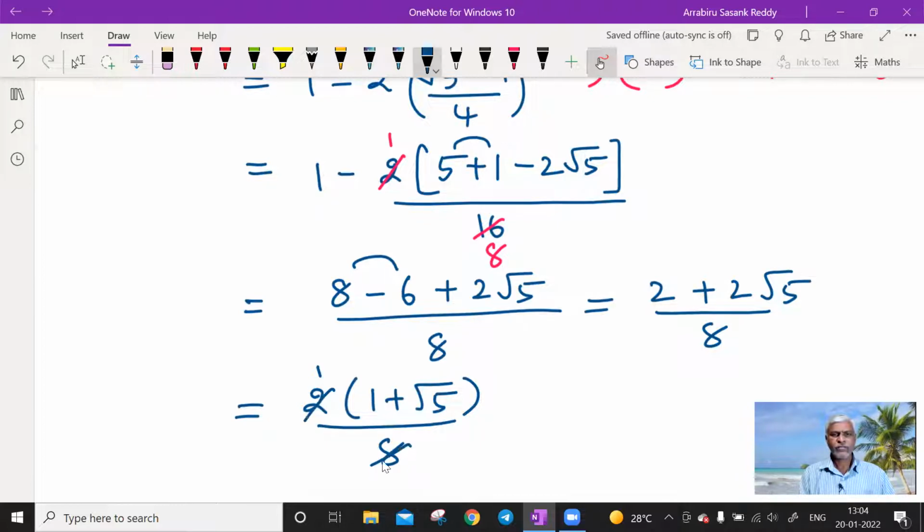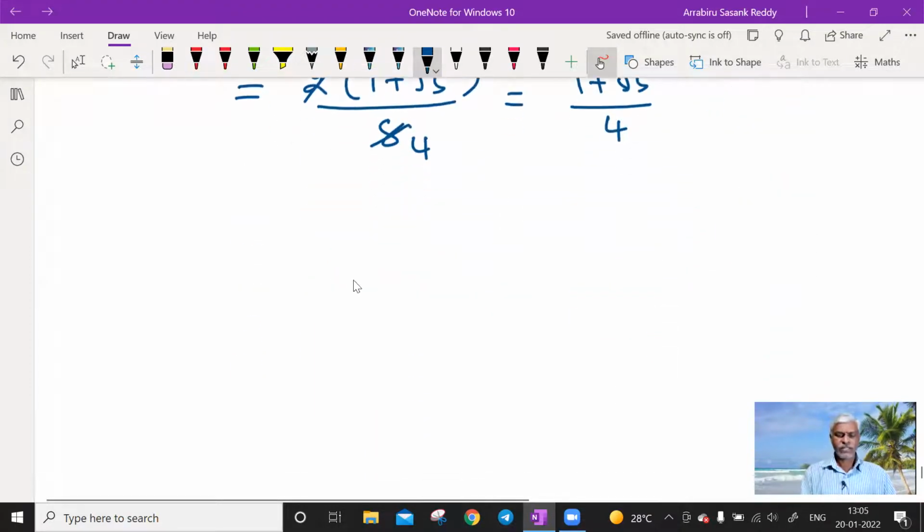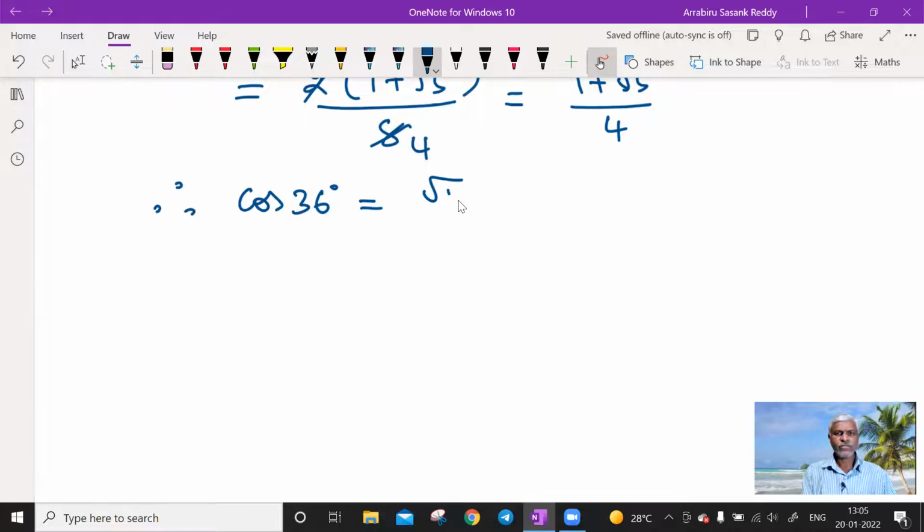So 2 into 1 times 4, this is (1 plus root 5) by 4. So this is the cos 36 value. Cos 36 degrees is equal to (root 5 plus 1) by 4. Sin 18 is (root 5 minus 1) by 4. This is how we find sin 18 and cos 36.